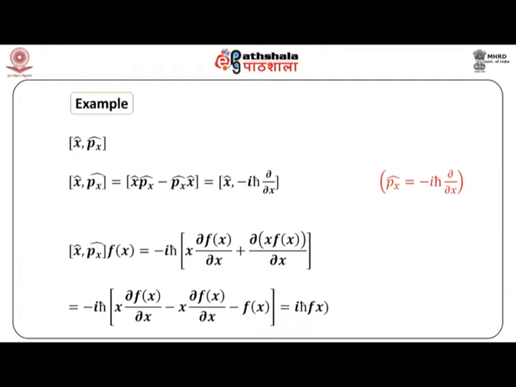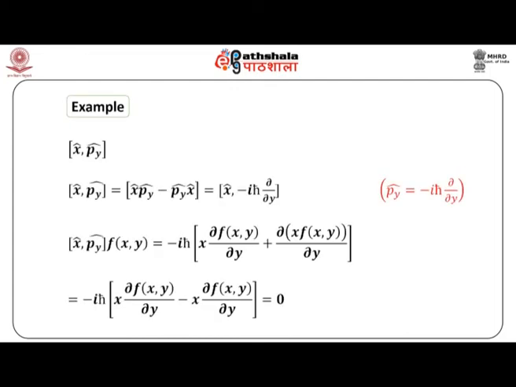Therefore, we can say that the operators x cap and px cap do not commute. That means you cannot simultaneously and exactly determine the position and the momentum of the particle in the x direction. And this, you know already, corresponds to the Heisenberg uncertainty principle.